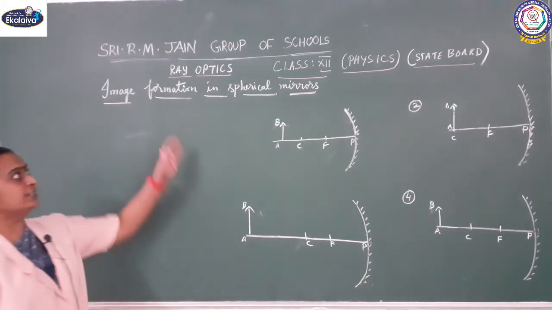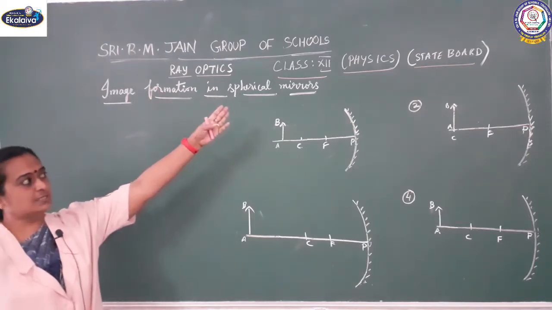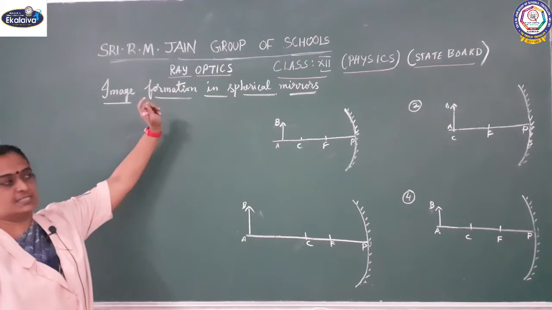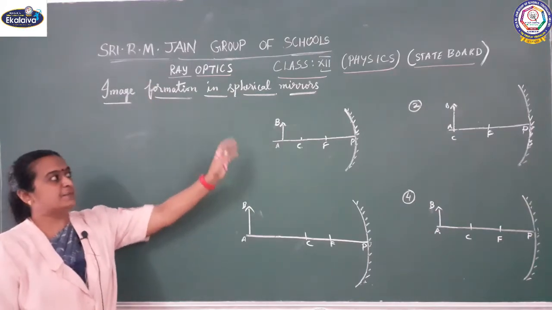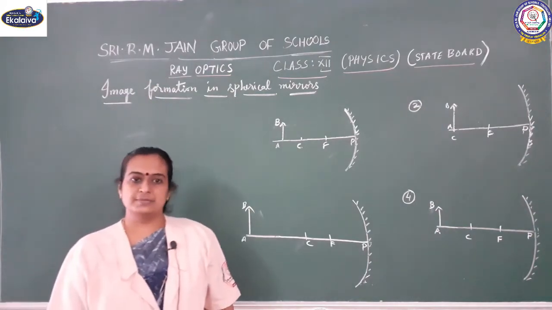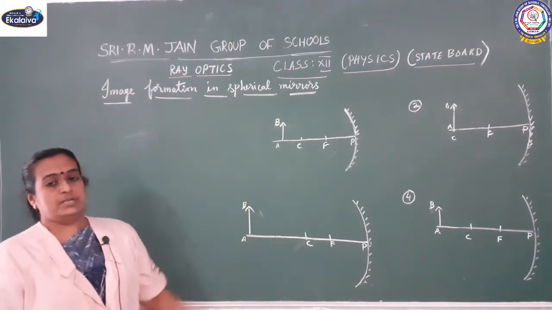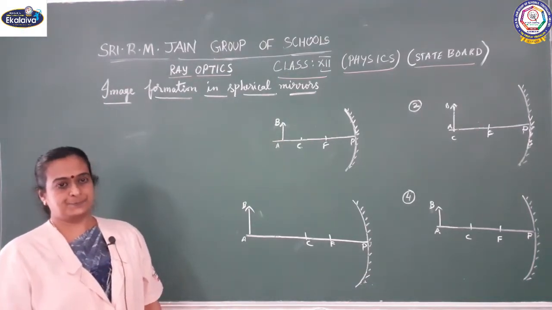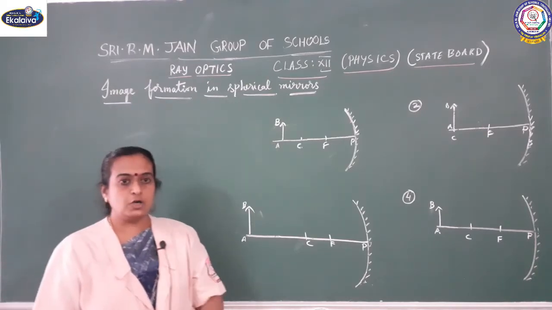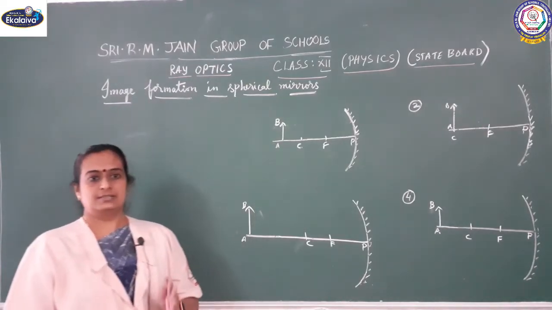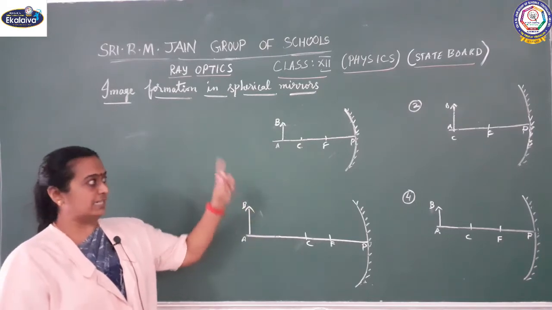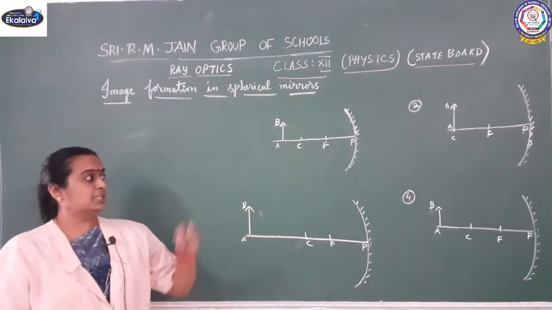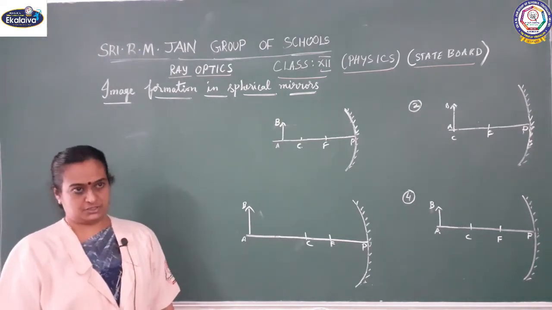Today we are going to continue with class 12 state board physics. Topic is ray optics and we are going to discuss image formation in spherical mirrors. Whenever we study image formation in spherical mirrors, we need to follow some rules in drawing the ray diagram in determining the position of the image.